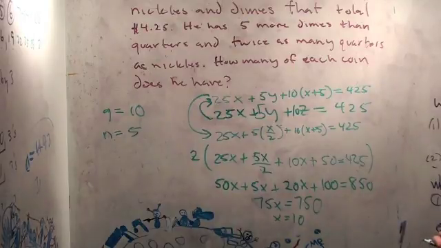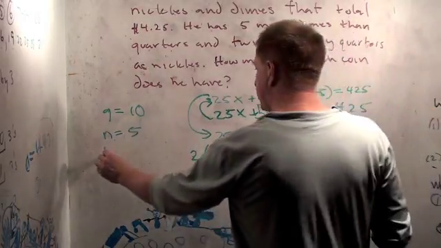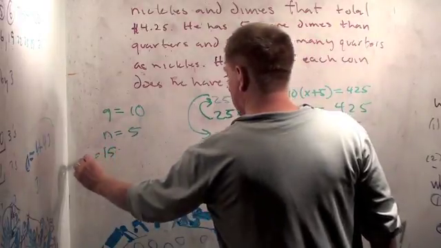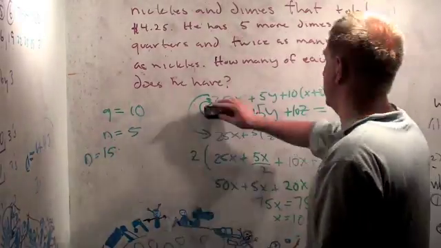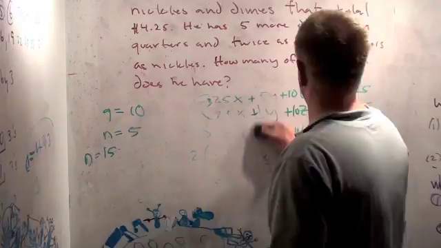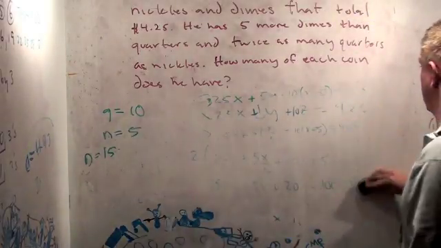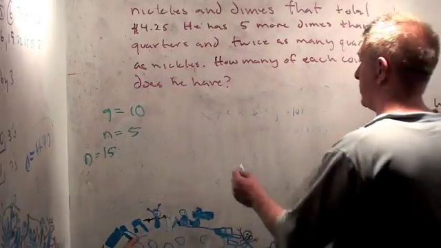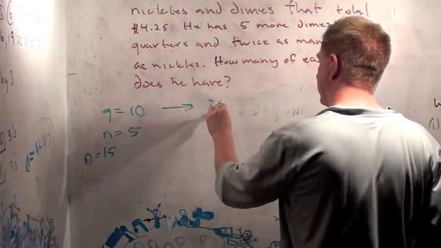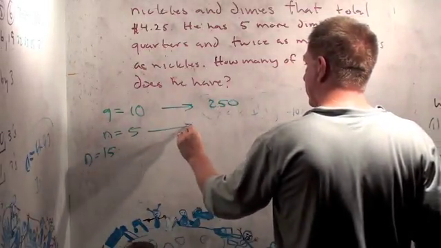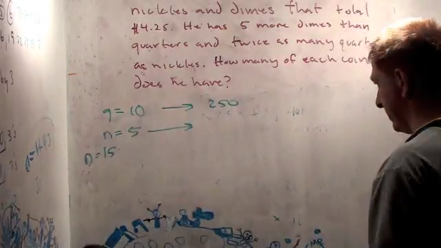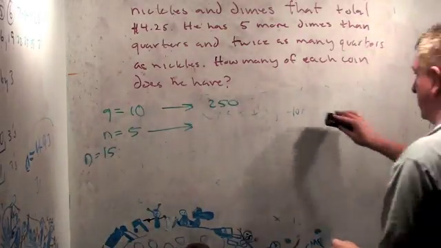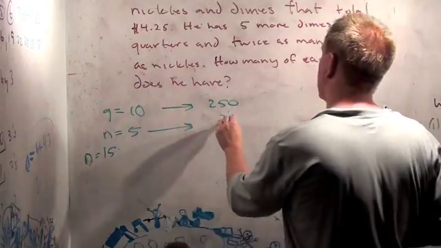Dimes, yes, 15. Now let's double check. This adds up to 425. So what's 10 times 25? That's $2.50, just the quarters alone. What about the nickels? 25 cents.